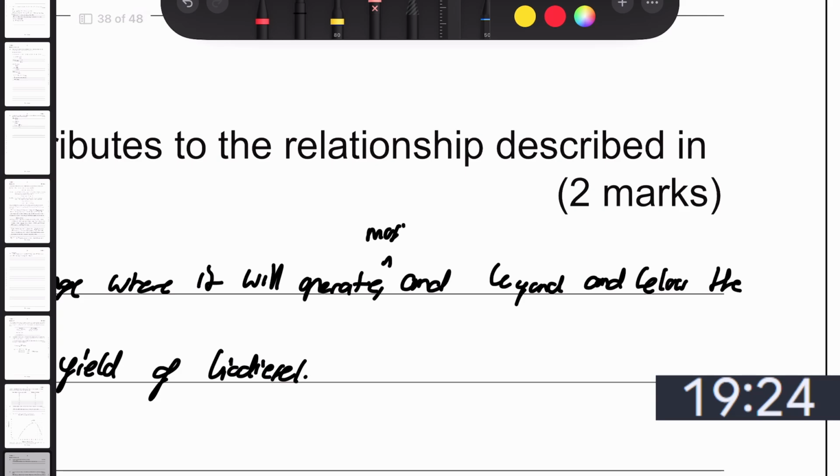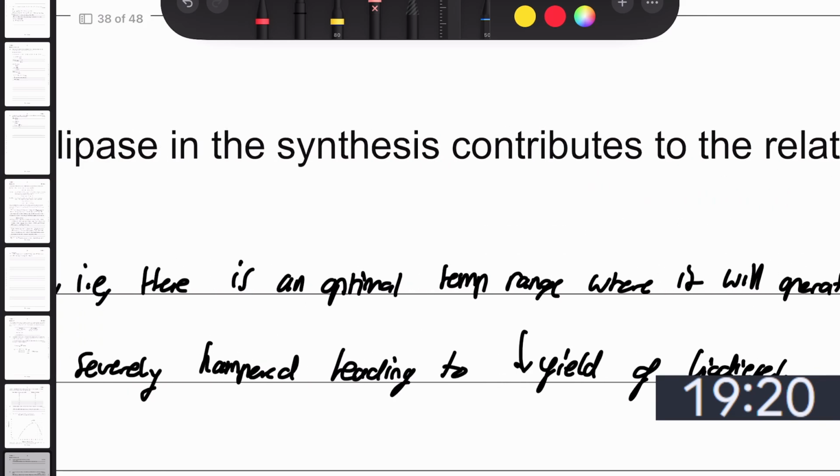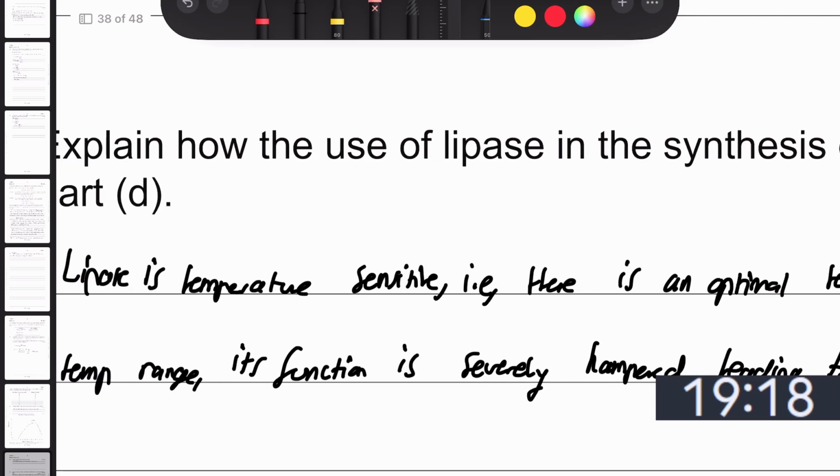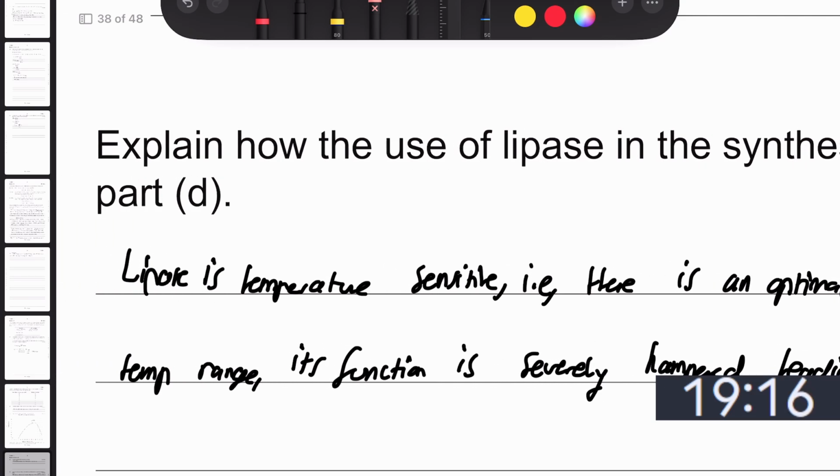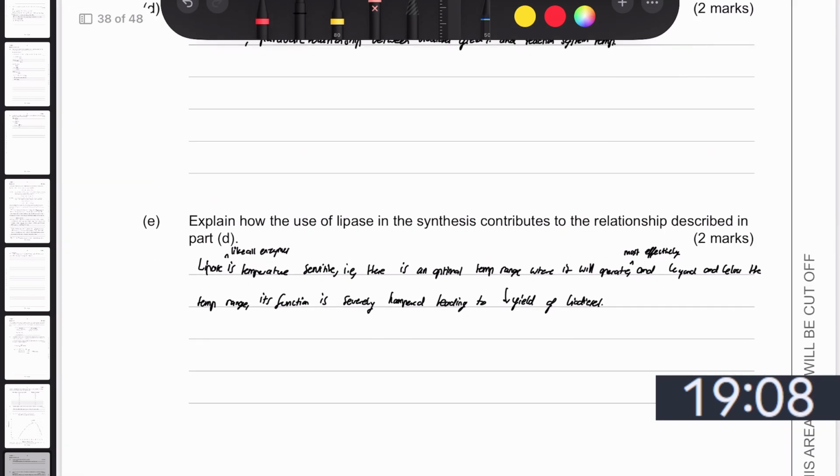Operate most effectively. Lipase, like all enzymes, is temperature sensitive.